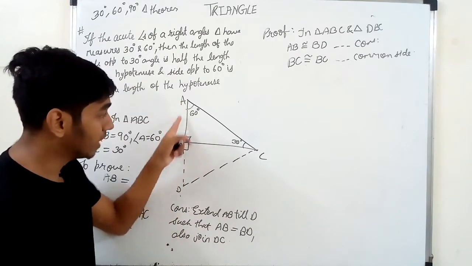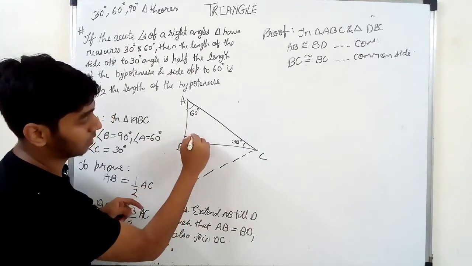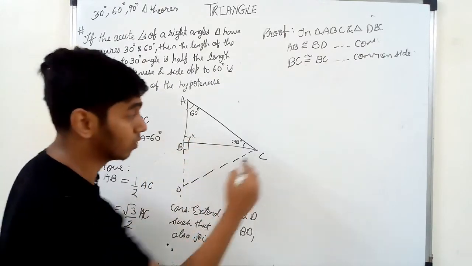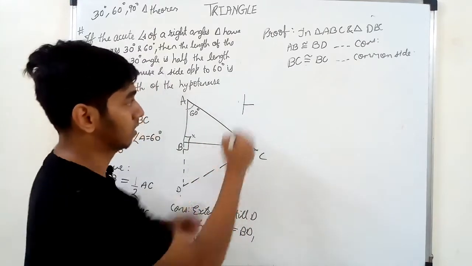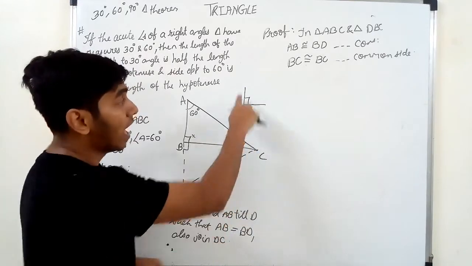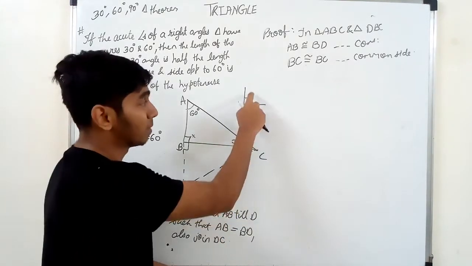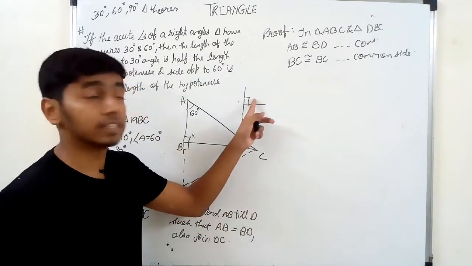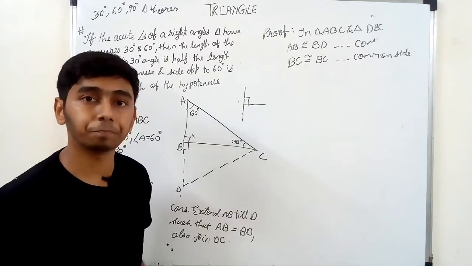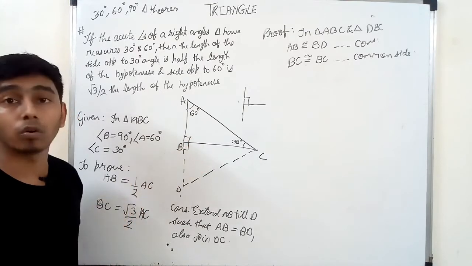If we extend this, the whole angle will become 180, but this part is 90, then this part will also become 90 degrees. Do you know what angles in a linear pair are? The sum of the angles is 180. So if this is 90, this will become 180 minus 90, which is again 90. Therefore this angle and this angle will both be congruent.